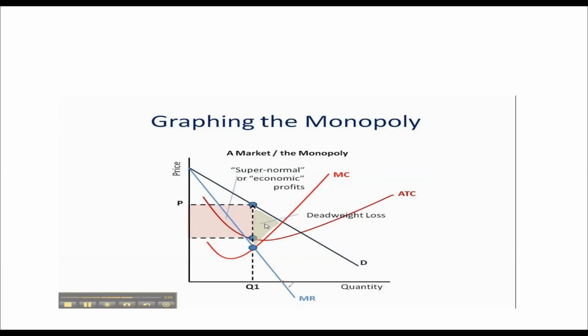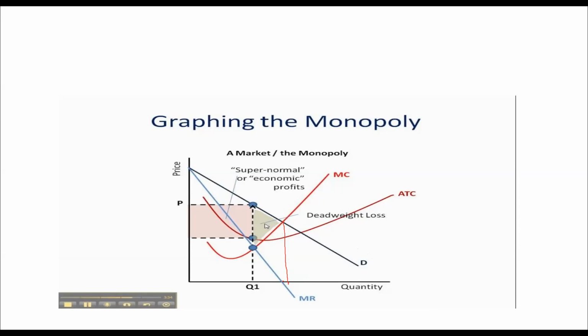Because everyone's paying the price they want, MR now folds into demand and becomes demand. Like every market structure, to find the quantity produced, I go to the profit maximizer, which is MC equals MR, and I just go straight down. There is really no price line because everyone's paying a different price. And if I was looking at the profits, I take the MC equals MR down to the ATC and across, and I have a big profit box.